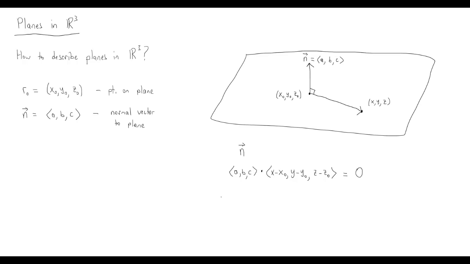If we actually multiply out the dot product, we'll get a times x minus x naught plus b times y minus y naught plus c times z minus z naught equal to 0. Alright. So that gets us the equation of a plane.